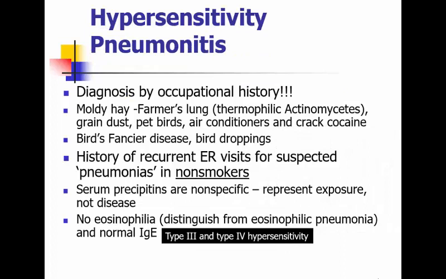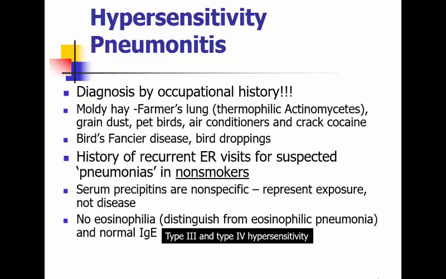Hypersensitivity pneumonitis is the last one in the occupational lung diseases causing restrictive lung disease. It is basically an occupational history. The chest X-ray is going to show non-specific interstitial markings.